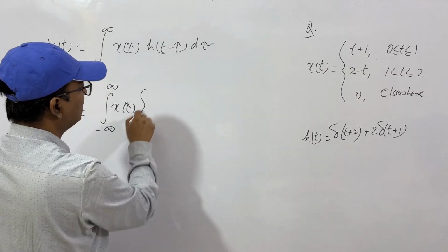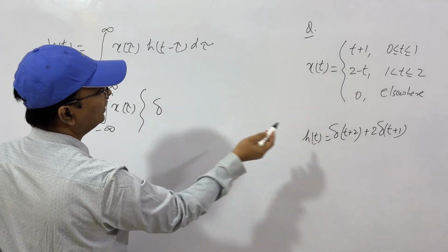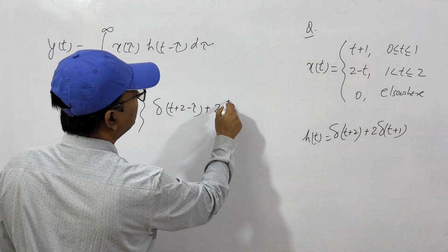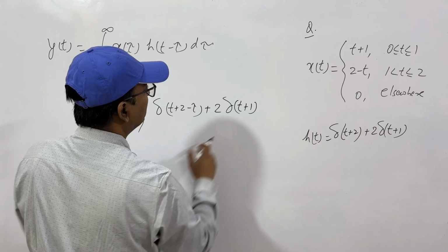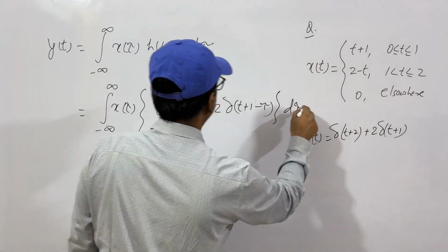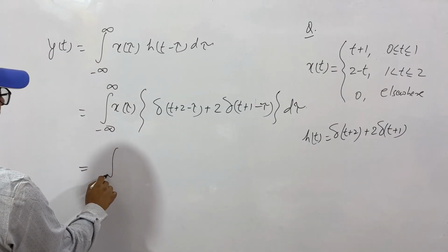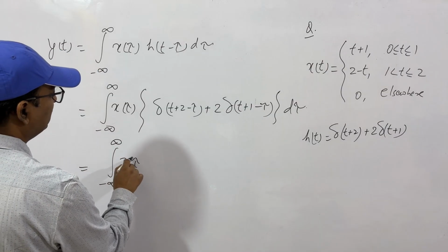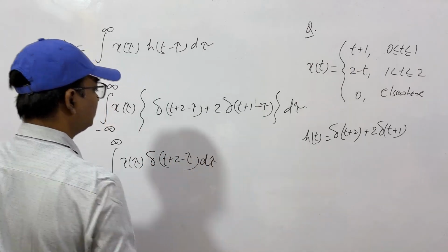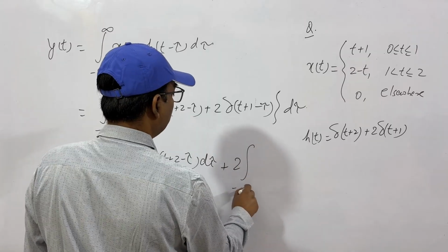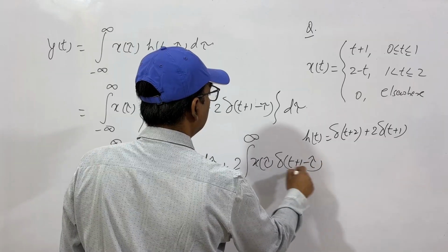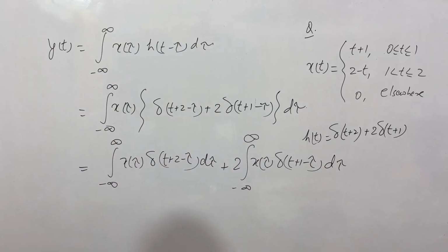So let's put this signal in: delta(t plus 2 minus tau), then 2 delta(t plus 1 minus tau), d tau. Now separate them. This will be the integral of x(tau) delta(t plus 2 minus tau) d tau, this is the first one, plus twice the integral of x(tau) delta(t plus 1 minus tau) d tau. Okay, these are the two signals.